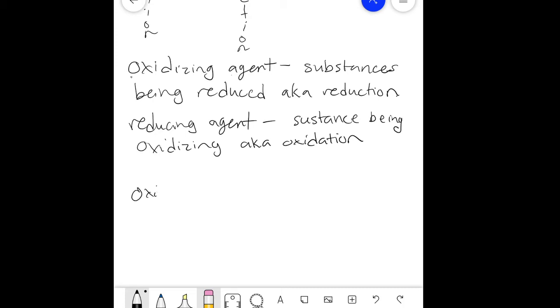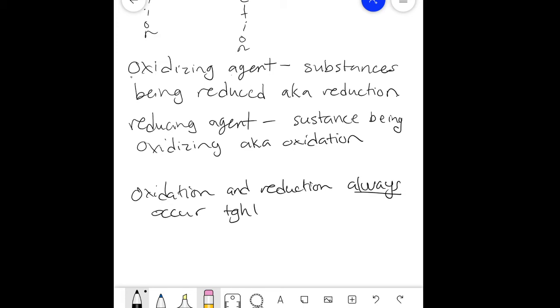So that is the breakdown. I hope that part makes sense, knowing when you're doing oxidation and when you're doing reduction.